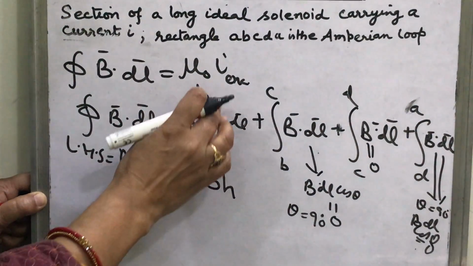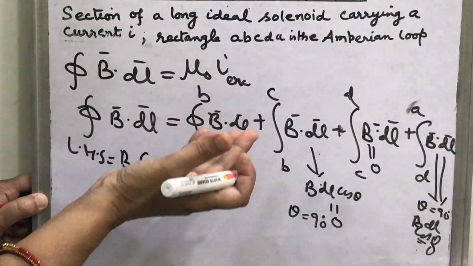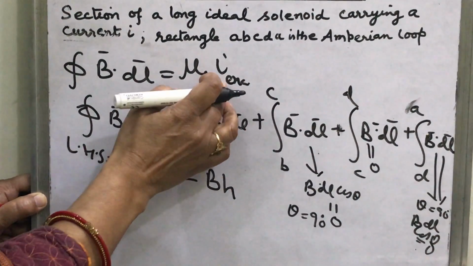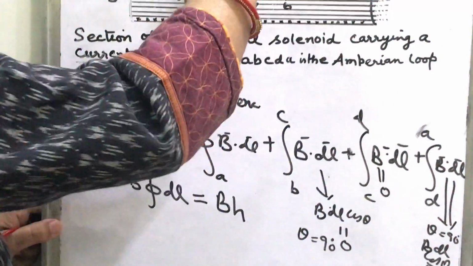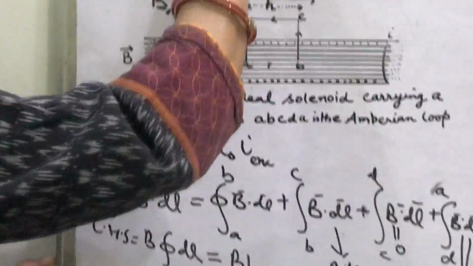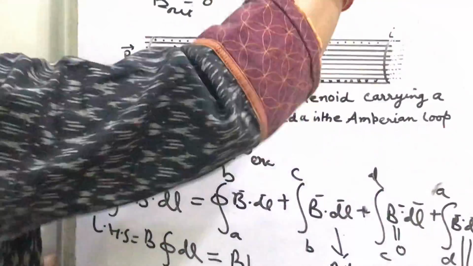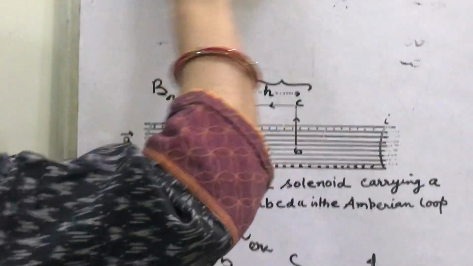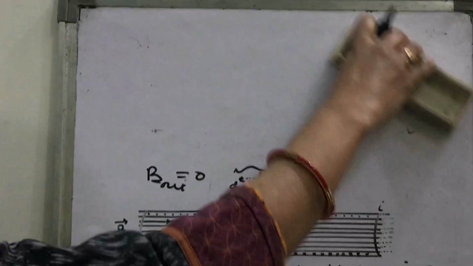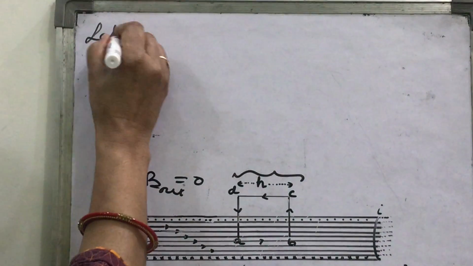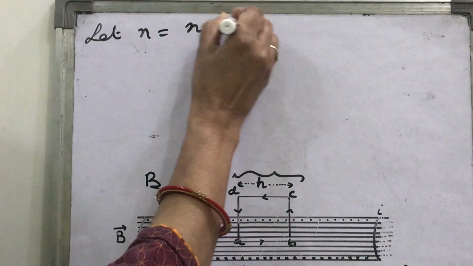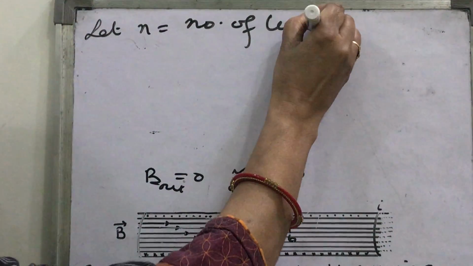Next, to calculate the RHS, mu naught is the constant permeability of free space. What is I enclosed? How will you find I enclosed? In the rectangular loop ABCDA, that is the Amperian loop, let n be the number of turns per unit length.